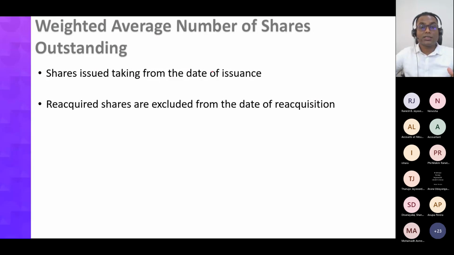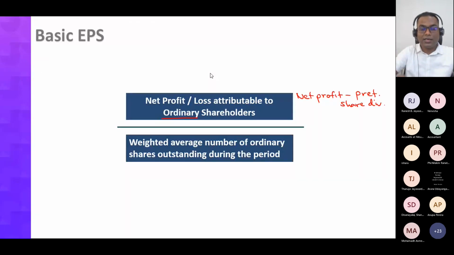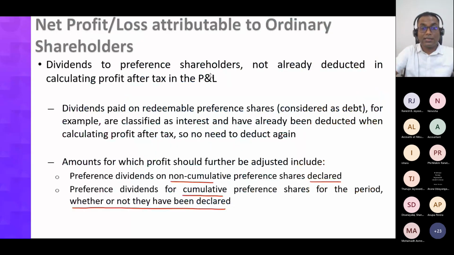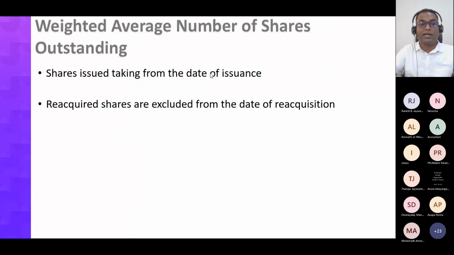So when you make a share issue, what is the impact on earnings? Always think of the share issue's impact on earnings, because we are calculating the EPS. The denominator is the number of shares, the numerator is the earnings, profits. So relate the share issue with the earnings impact. When you issue new shares for cash, there are additional resources coming into the organization.